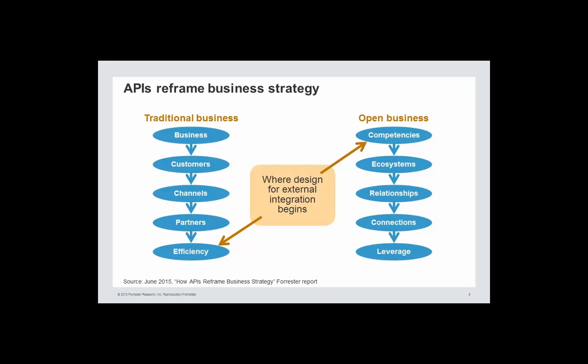In an open business model, the starting point is understanding your assets and competencies. What are you good at? What are the things that you are uniquely good at? Where is your unique value? Maybe you have a value proposition like a health insurance company, where you do claims and underwriting and a number of other related services.